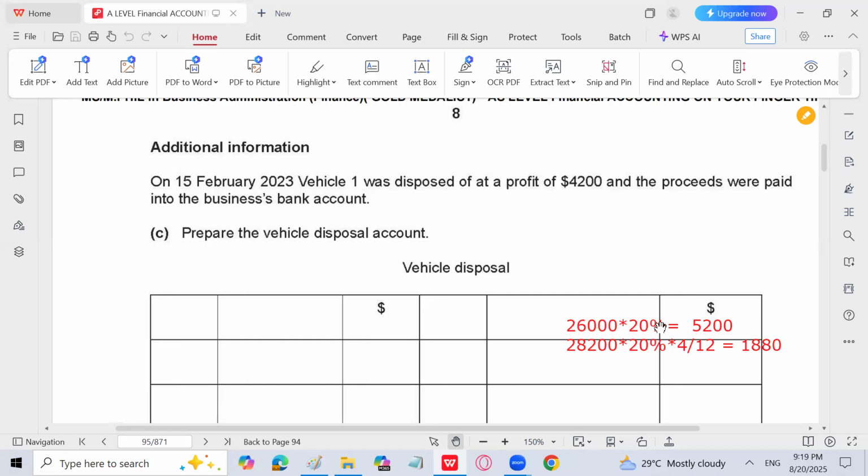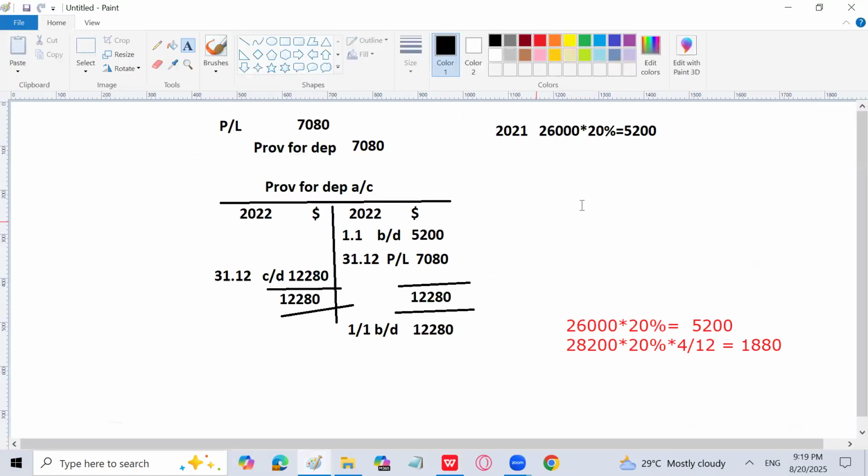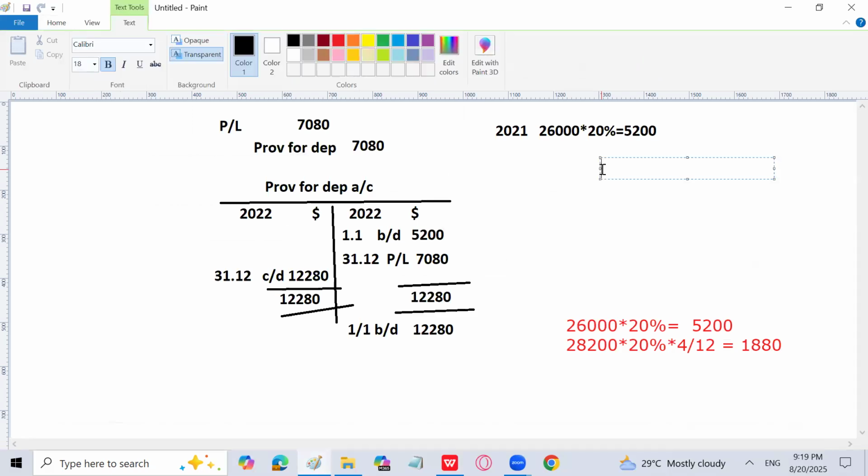So let's prepare the entries, and then I will go for the disposal account. So the first entry, which we pass regarding the disposal for any asset, is vehicle disposal account debit and vehicle account credit.